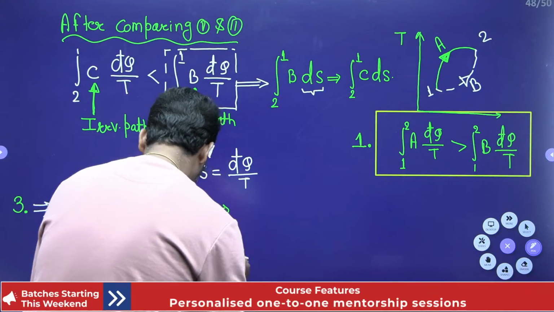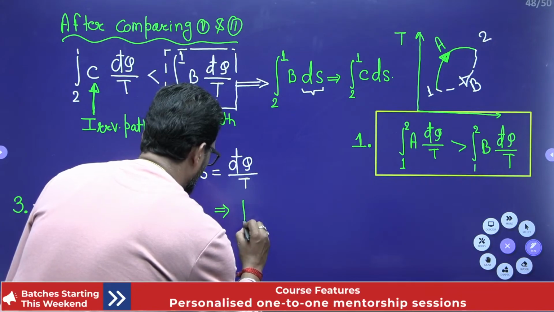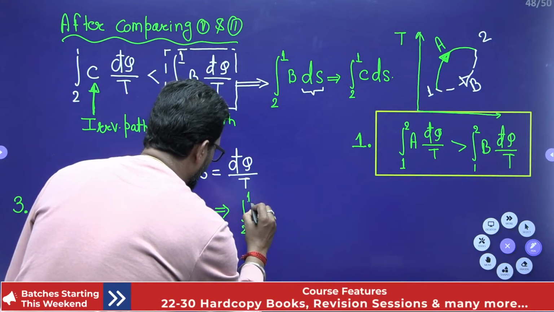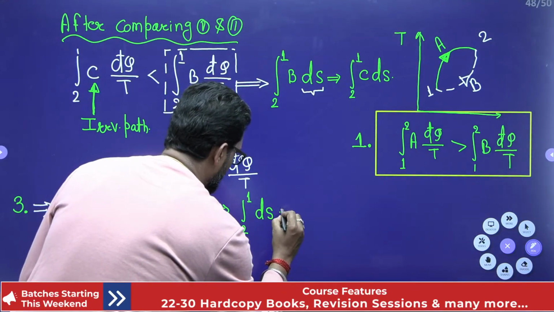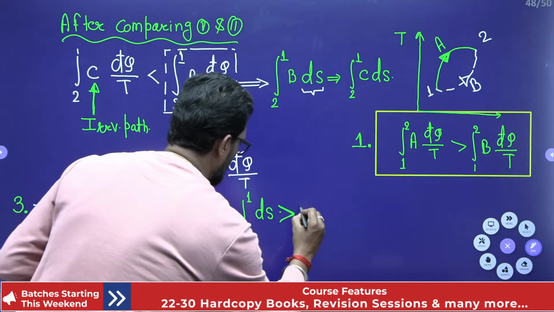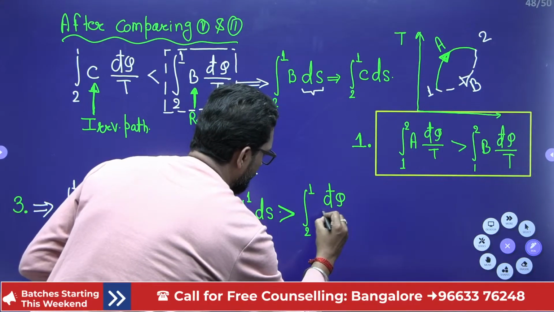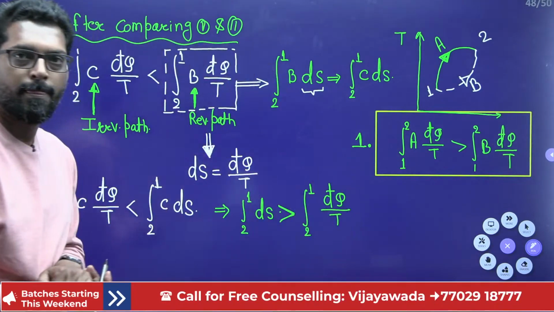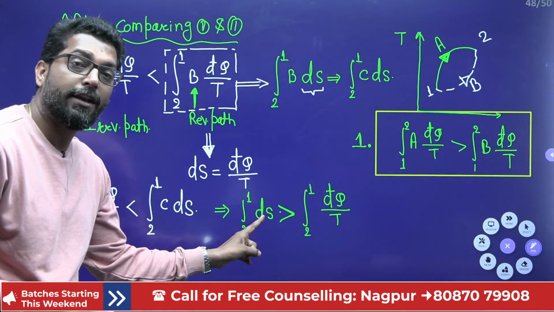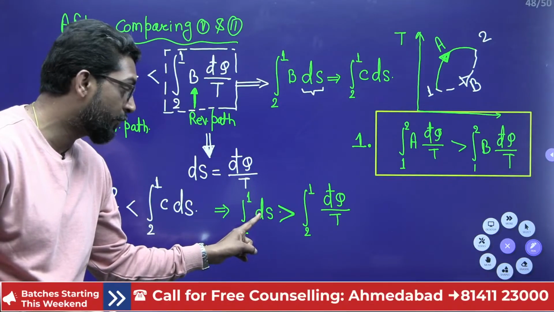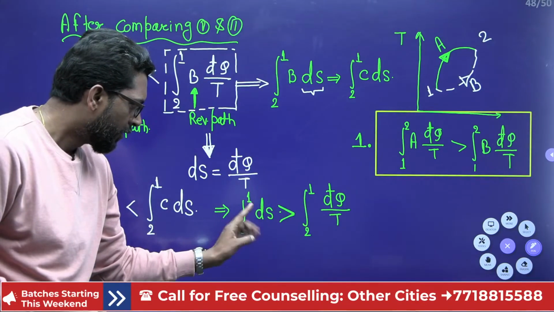2 to 1 ds is greater than 2 to 1 dq by t. And this ds is for any process, any path.